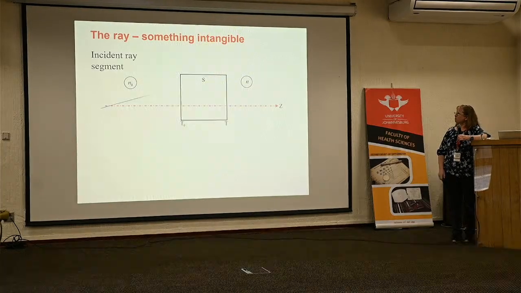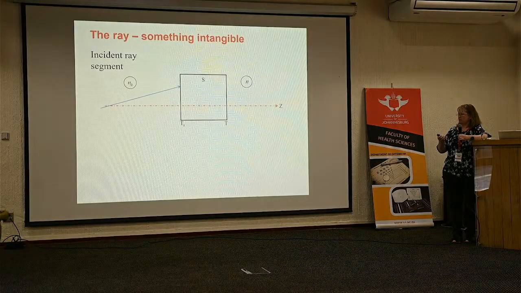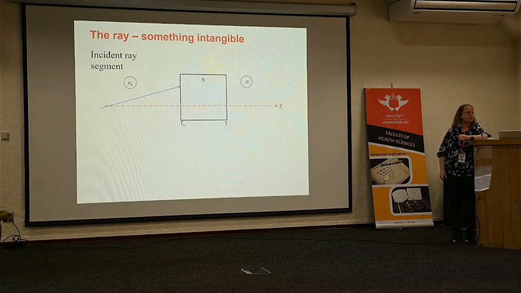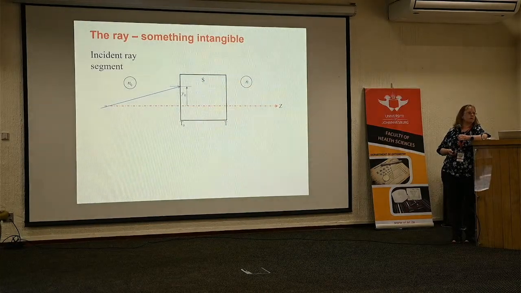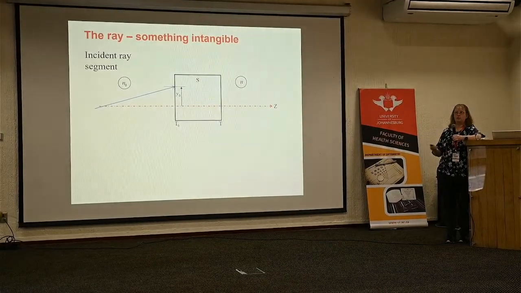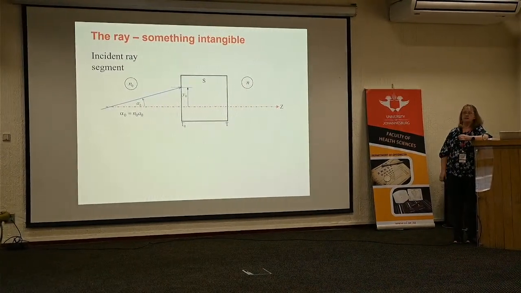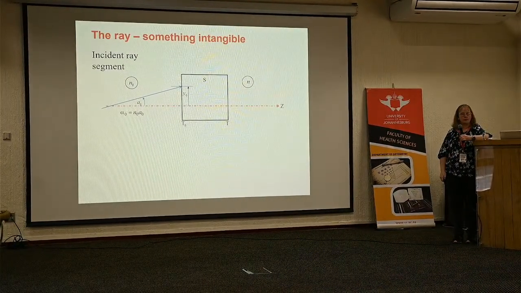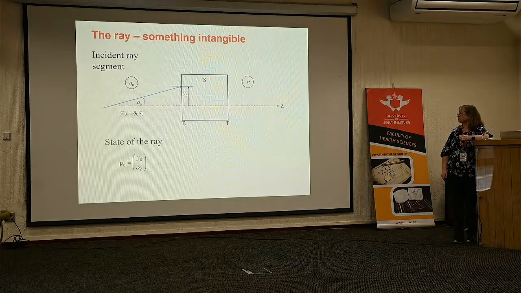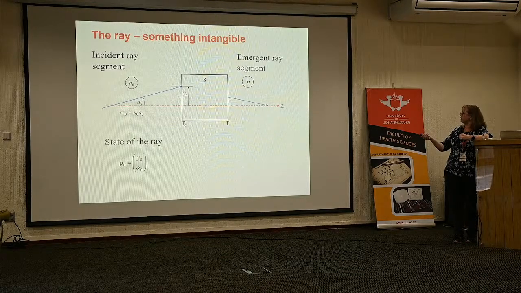The ray, we define the ray as what's happening exactly at the point where it meets the entrance plane, and we can define it as its position relative to the longitudinal axis and its inclination also relative to z, giving the state of the ray as y naught, alpha naught. And then we do exactly the same thing on emergence.